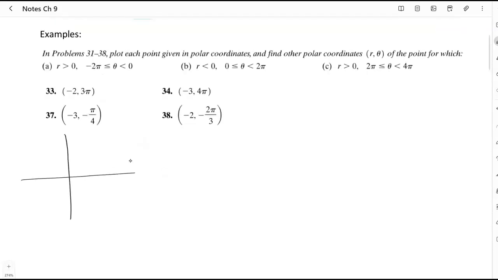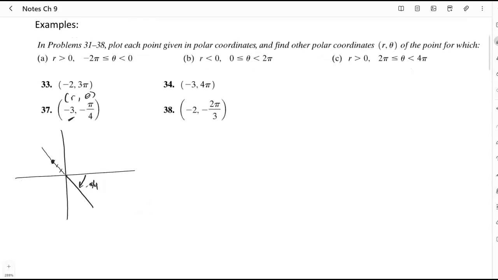So remember, this is our r value and our theta value. Theta is negative pi over 4. Negative pi over 4 would be this angle. But because r is negative, we are moving along the opposite side of the terminal side. We're moving 3 units along that way. So that point actually lives right here.